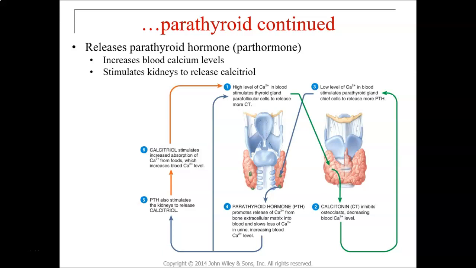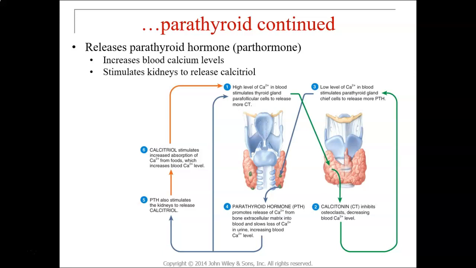Something else that is released, stimulated by the parathyroid gland, is something called calcitriol. Calcitriol is released from the kidney. Parathyroid hormone stimulates the release of calcitriol from the kidney. And a couple of things happen.